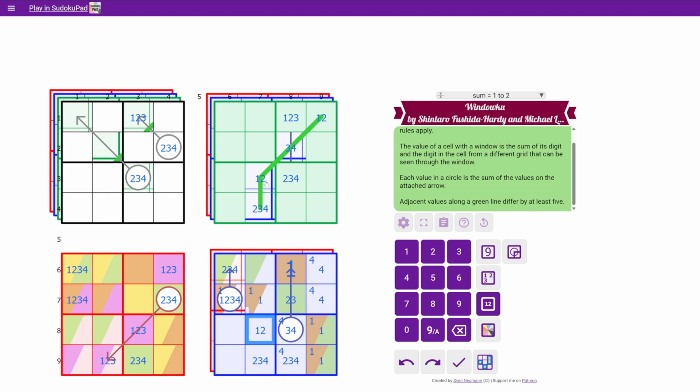Oh, if these are different, then they add up to 3. And this would have to be an 8, and I can't make that an 8. So both of these are 1. Wow.